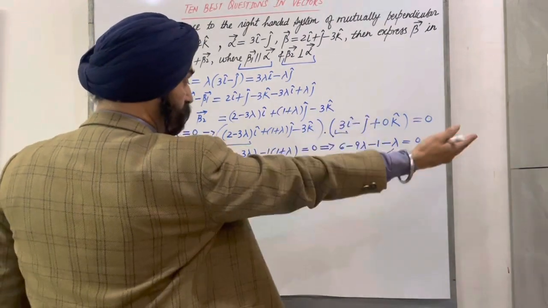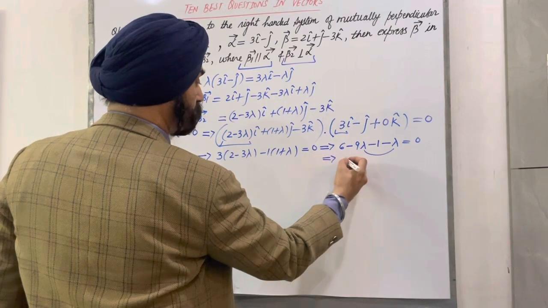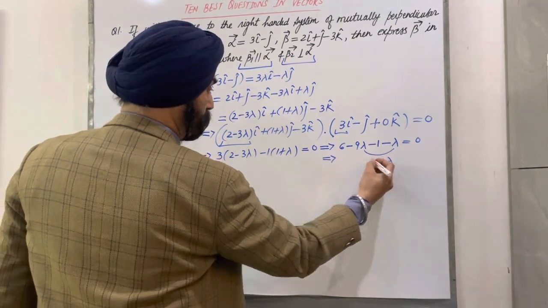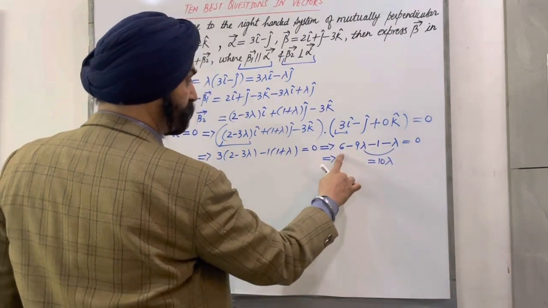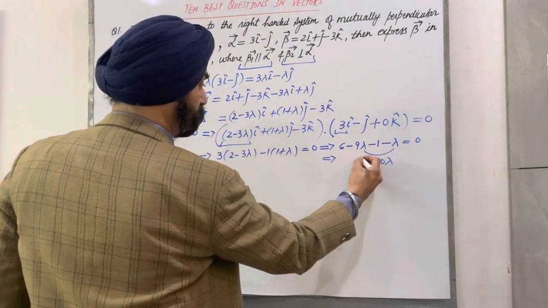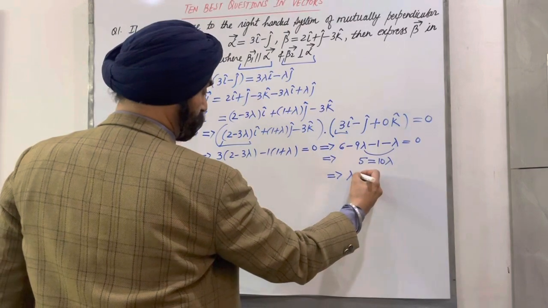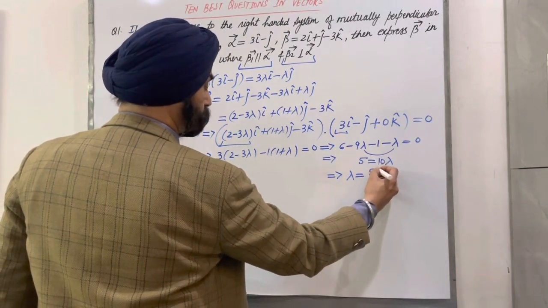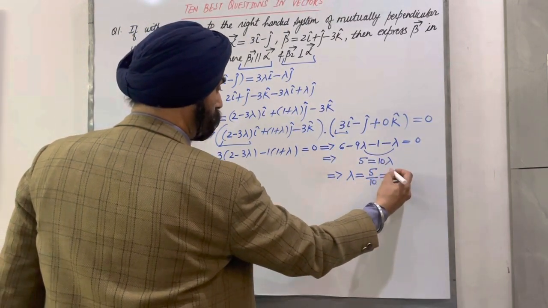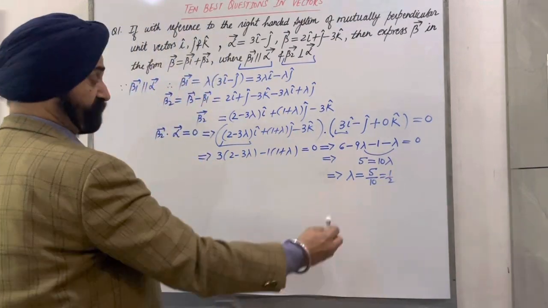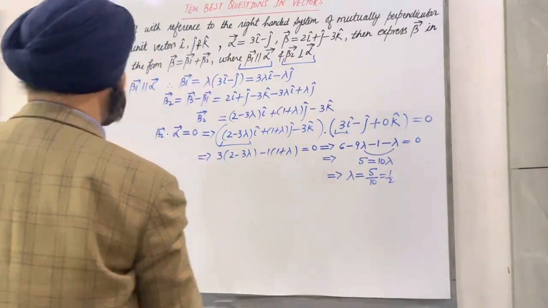If I shift it to the other side, we get 10 lambda, and on the left hand side we have 6 minus 1, that makes it 5. So if I further simplify to get the value of lambda, I get 5 by 10 or 1 upon 2. So this is the value of lambda that we have obtained here.